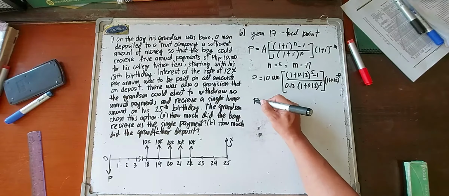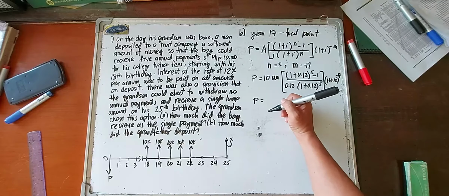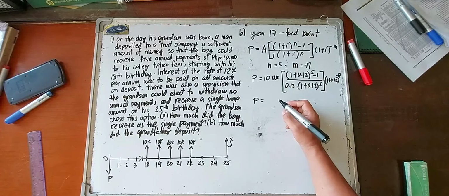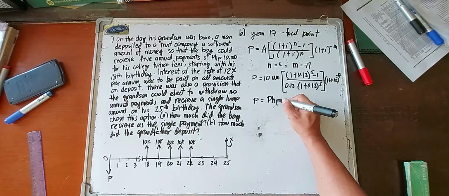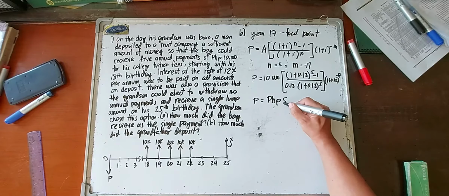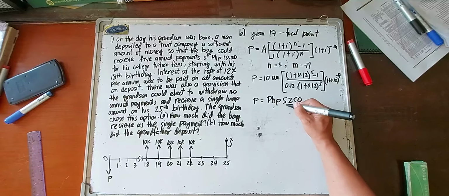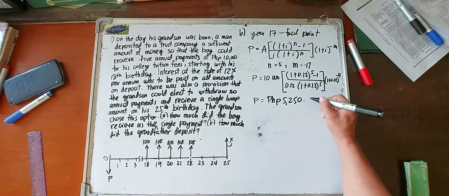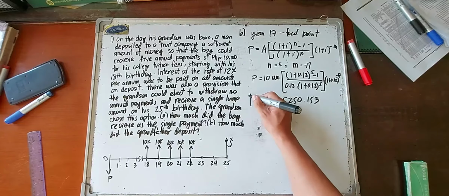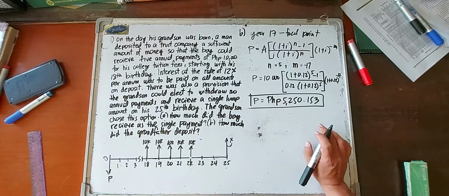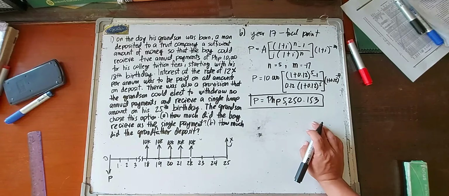Okay, so the present worth should be 5,250 pesos. It's the present worth. Okay, now ano pa yung mga possible na focal points natin?